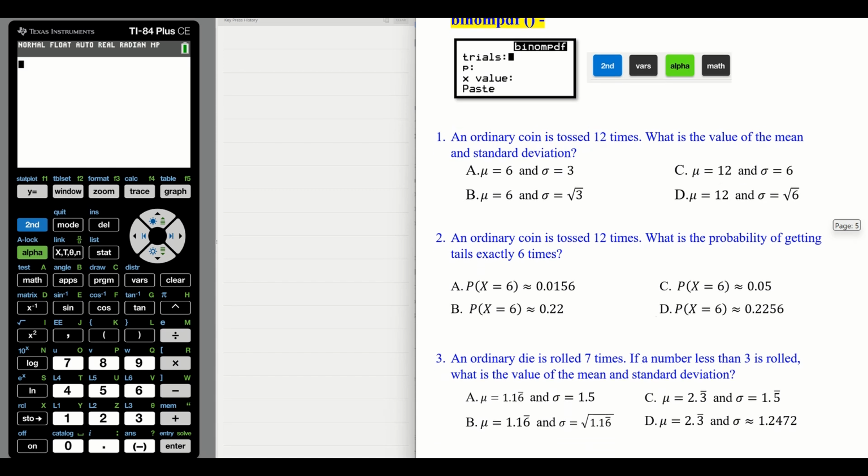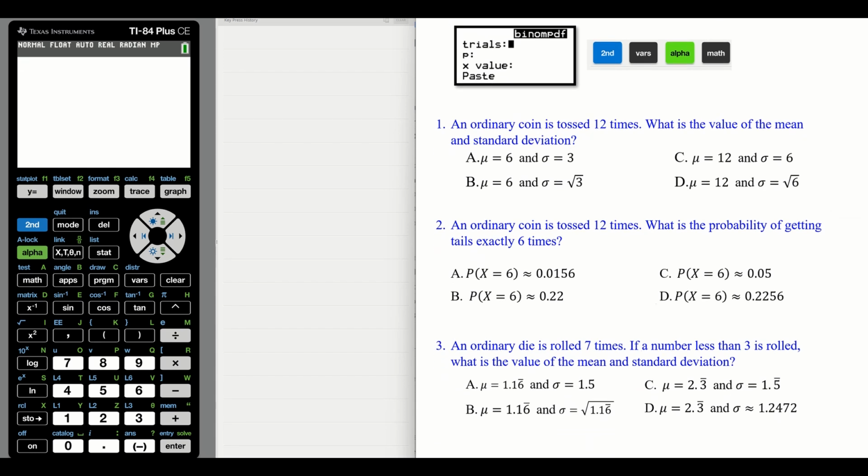Okay, number 1. An ordinary coin is tossed 12 times. What is the value of the mean and the standard deviation? Okay, mean is just our n, number of trials, and our coin, the probability for any coin is half.